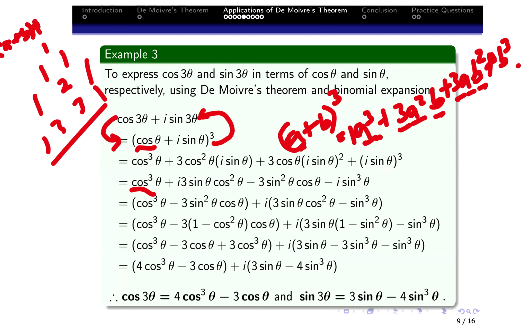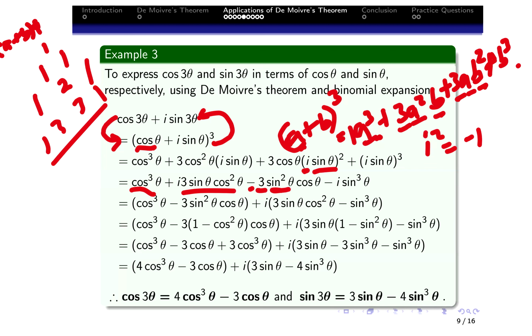Then here you see i squared is equal to -1, like we've always known, because it is root -1 times root -1, that's -1. So i squared is -1. That's the minus you have here. And then sin θ squared is sin squared θ. So we have -3 sin squared θ cos θ, like this.